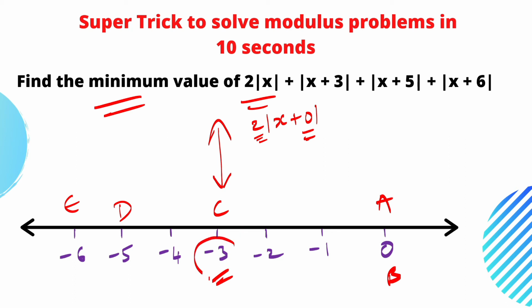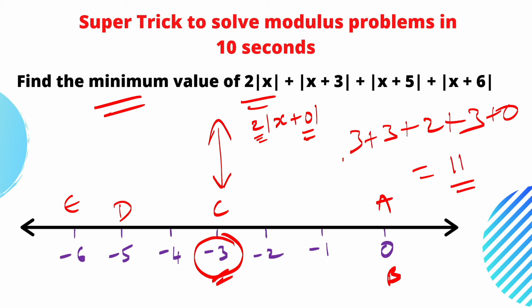So A is traveling from 0 to minus 3, covering 3 units. B is also covering 3 units. D is covering 2 units and E is covering 3 units. C is not covering anything. So what is the total? Total is 11. So the minimum value for this is 11.